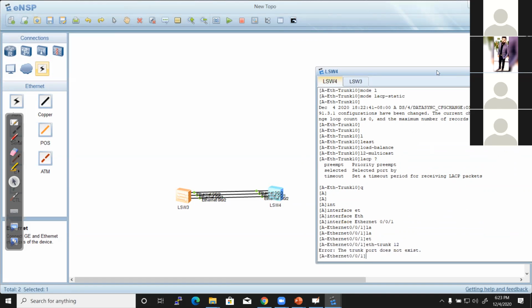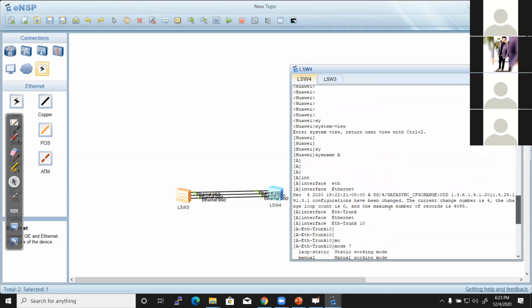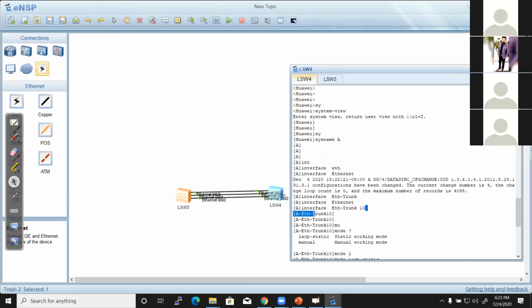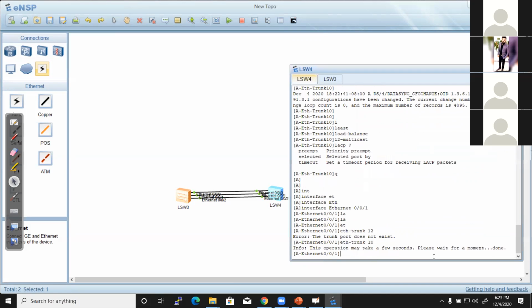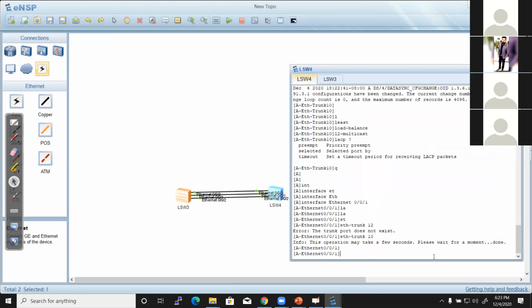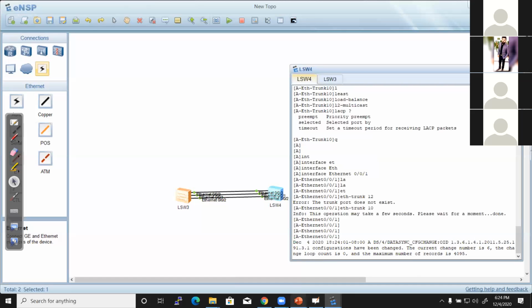I have created interface Eth-Trunk 10, I guess. Okay, forget about it, I wrote 12 instead of 10. So again, you will map them with the Eth-Trunk.